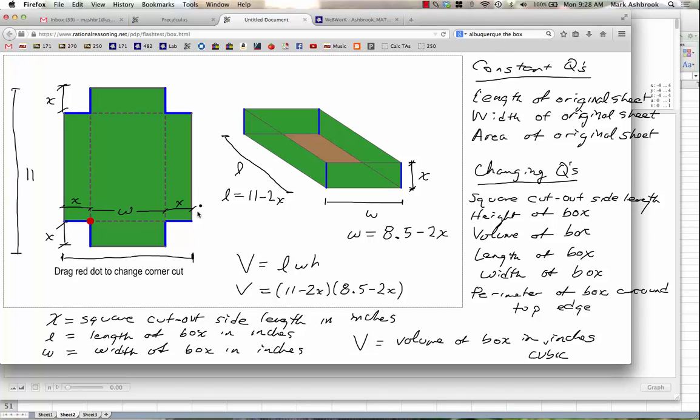Right, so imagine this flipping up, and that's going to be your height right there. Whatever you cut the side of the square to be, when you flip it up, that's going to be your height. Okay, so this is a formula for volume in terms of x, for any x. Volume in terms of x. Yep.